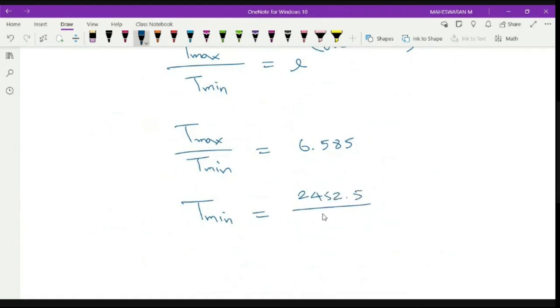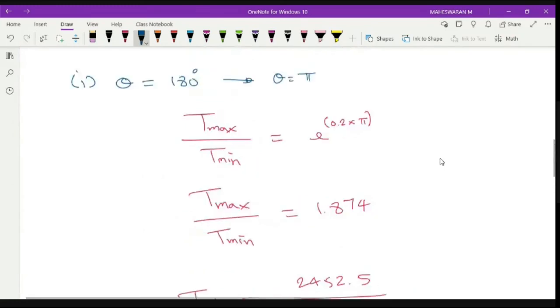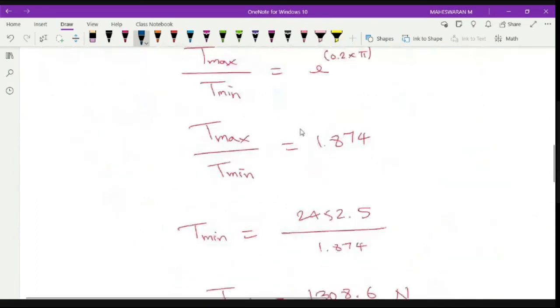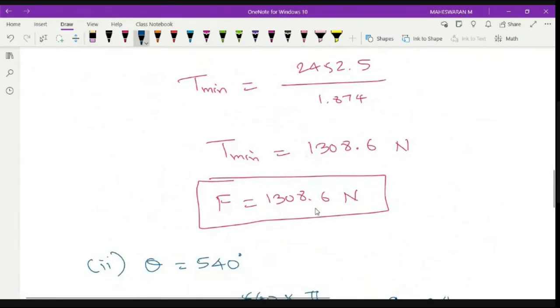2452.5 divided by 6.585. So F will be equal to 372.4 Newton. Okay, so now you can conclude. When I am wrapping around this pipe one time, which is 180 degree, the force required to hold that, to withstand that, is around 1308.